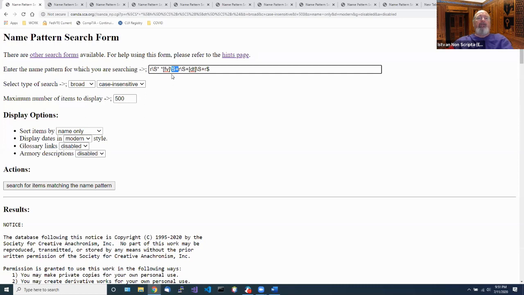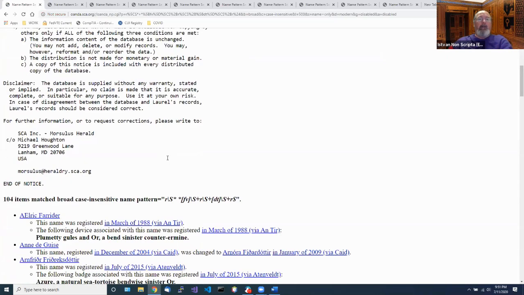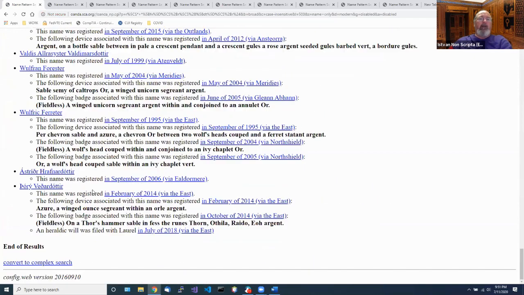That is the vowels and the F. There's the R. And I'm specifying that this name has a fricative, an R stop, and an R somewhere in it. And if I do that pattern, I got to go all the way down to the bottom. There is Thori.